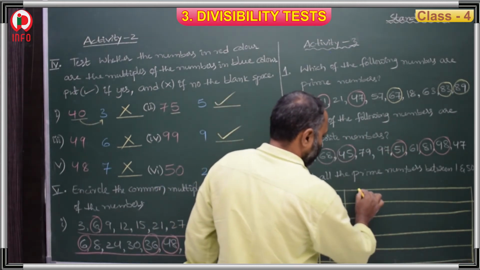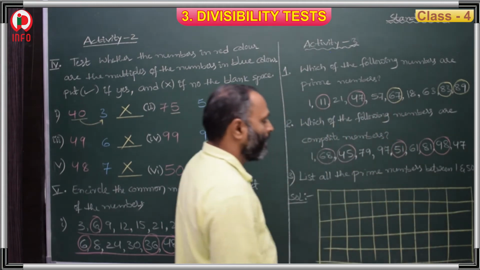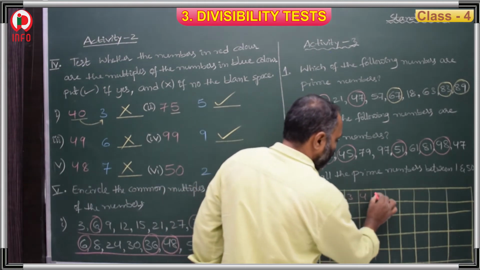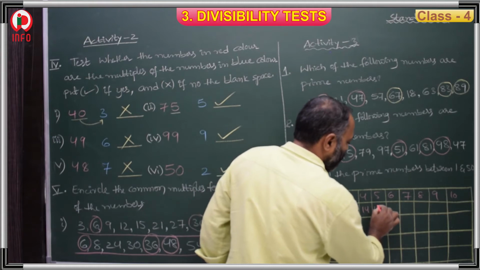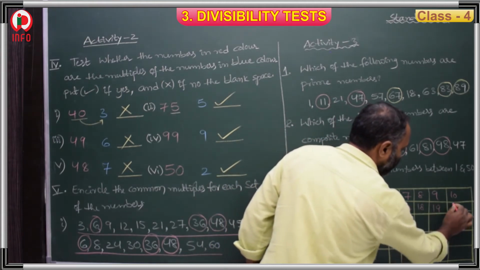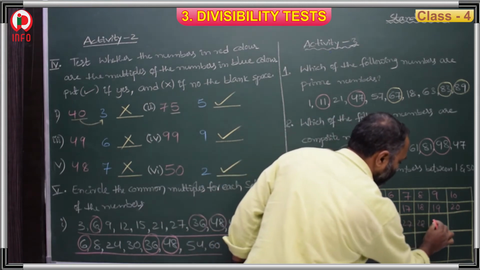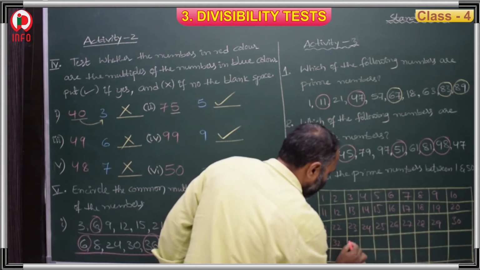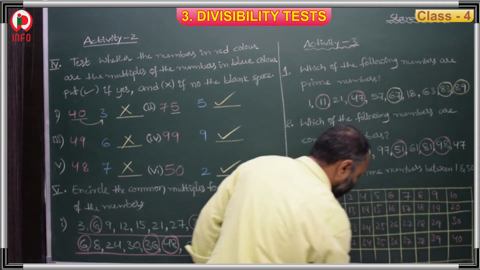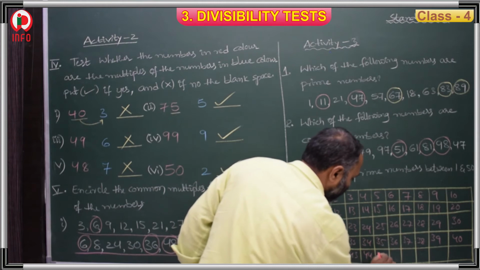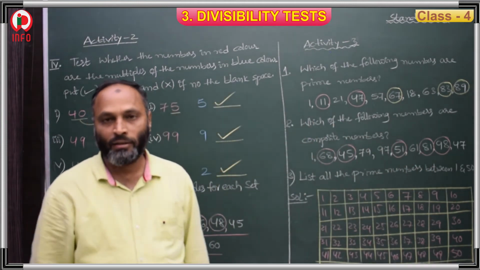Write the numbers from 1 to 50: 1 to 10, 11 to 20, 21 to 30, 31 to 40, 41 to 50. Till 50 you have to write all the numbers.